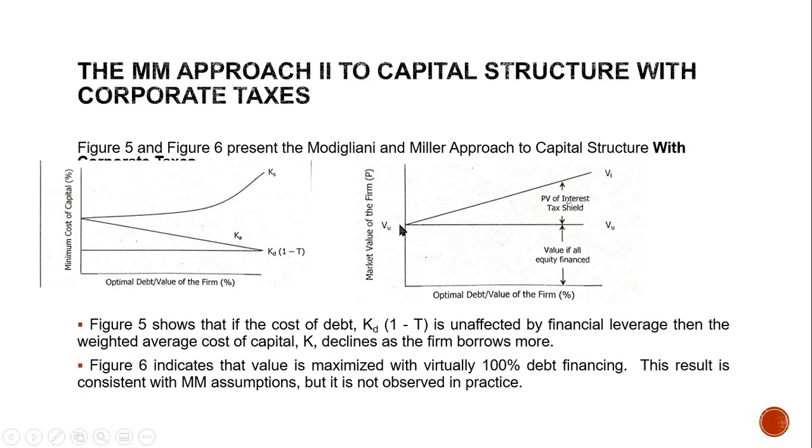Okay? So sabi niya, kung yung firm mo ay when we consider the market value of the firm with corporate taxes pero si firm walang financial leverage, meaning wala siyang utang, lahat ng kanyang capital is equity financed, the market value of the firm will only stay here.